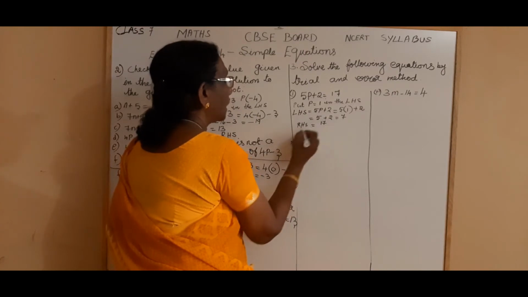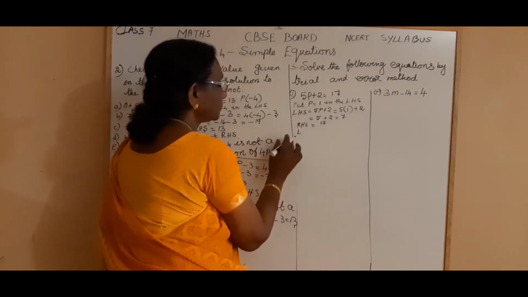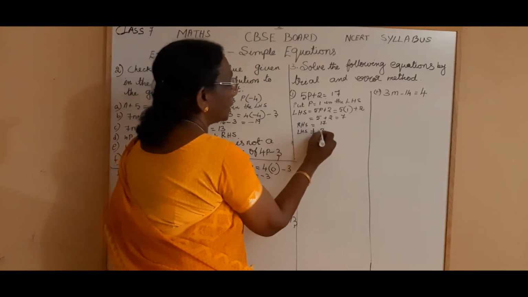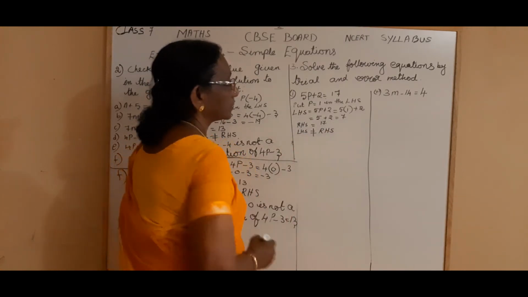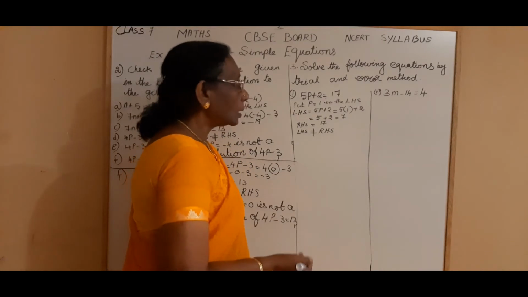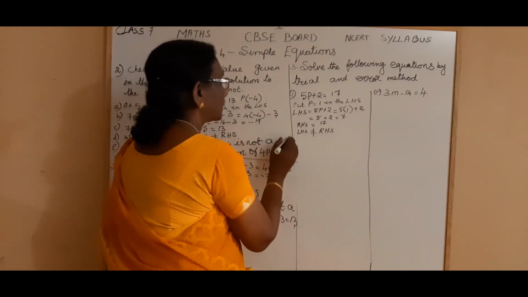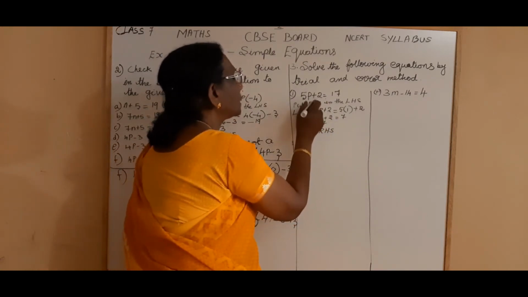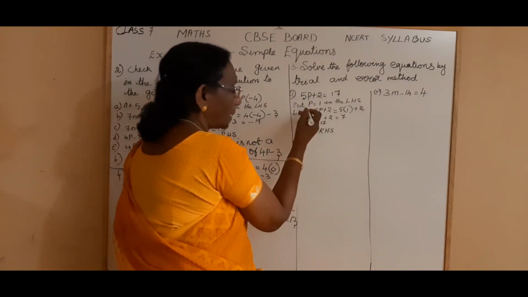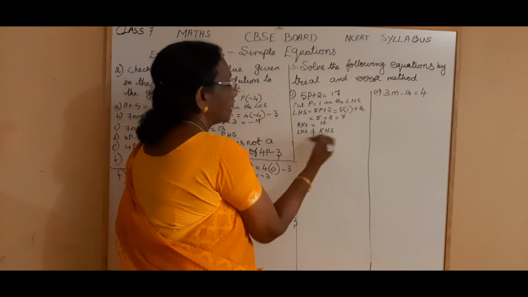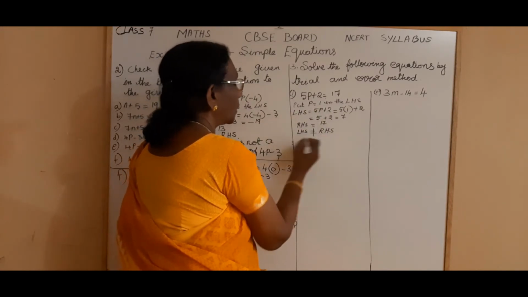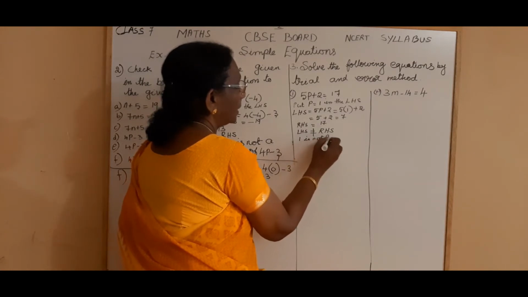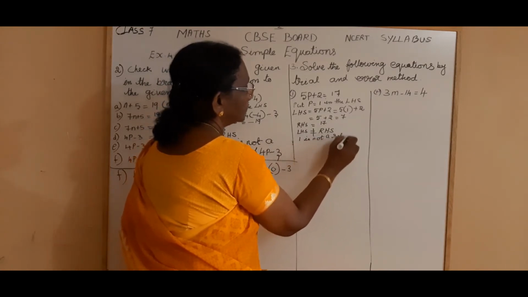It is 17. Therefore, LHS is not equal to RHS. So 1 is not a solution. You tried with p is equal to 1 and you got not equal. Therefore 1 is not a solution.